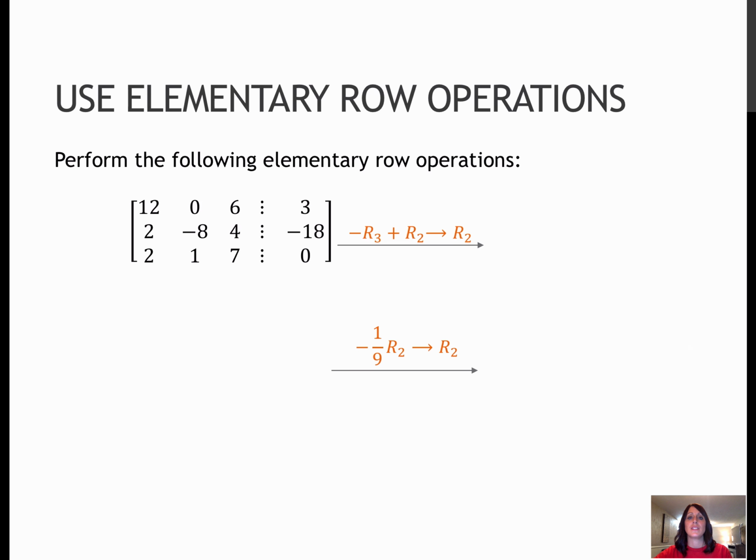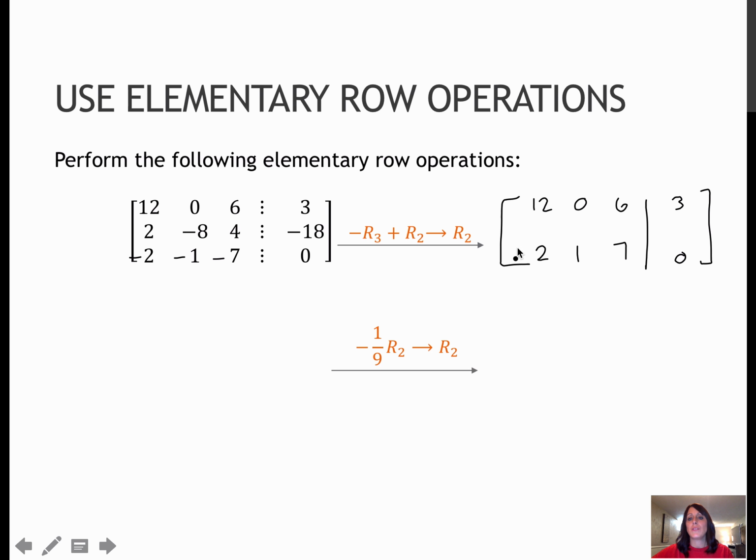Here's another. This is obviously for a system of 3 equations rather than 2. The first one, they're asking me to take -R3 plus R2 and put it into R2. So R1, nothing happened. I'm going to go ahead and recopy all of those values. R3 is going to remain exactly the same also, but R2 is going to become the opposite of R3 plus R2.